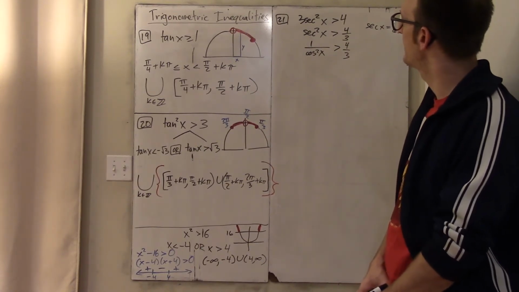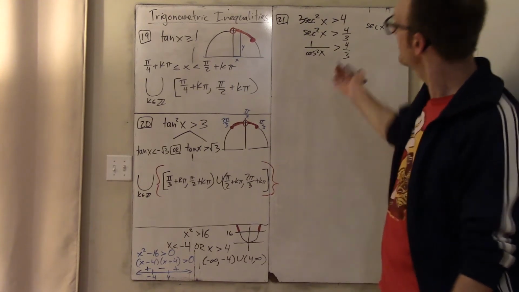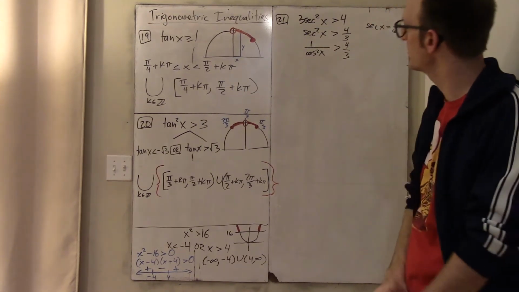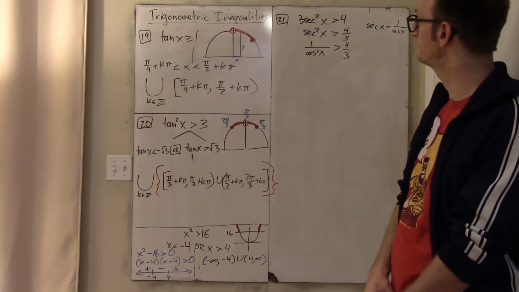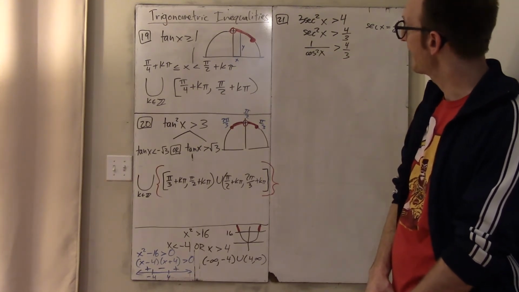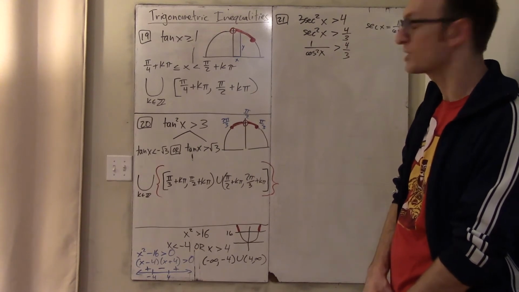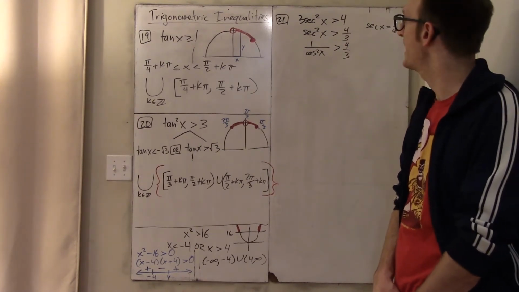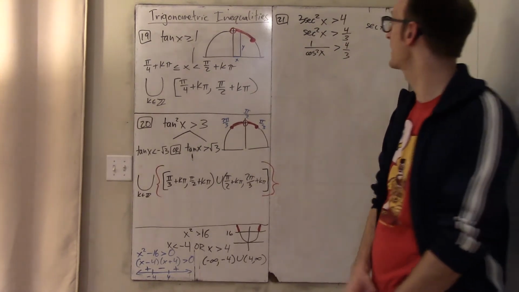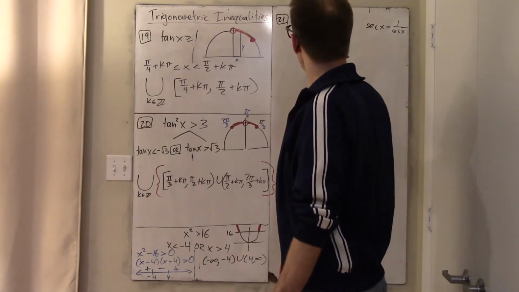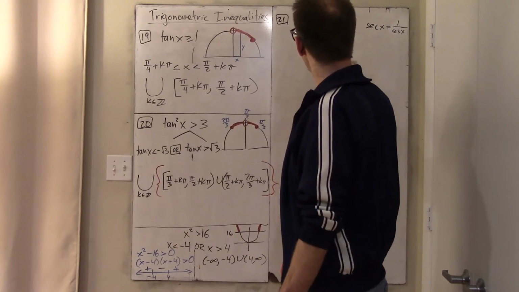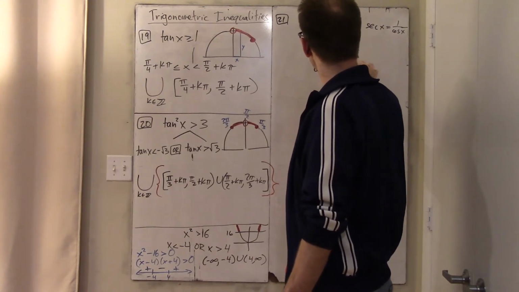Well, I would like to simplify this a little bit, and here we use the thing that we did in class just the other day, which is to observe that the fastest way to proceed here, as long as everything is positive, which it is, is to just reciprocate both sides and flip the sign. So if 1 over cosine squared is greater than 4/3, then cosine squared is going to be less than 3/4.